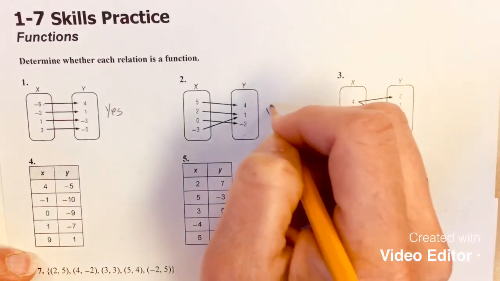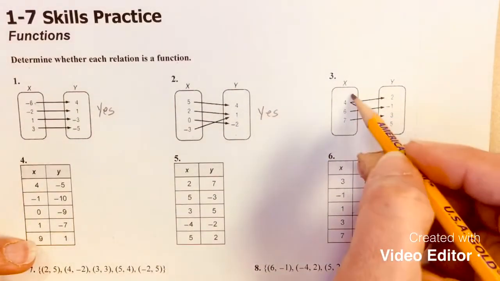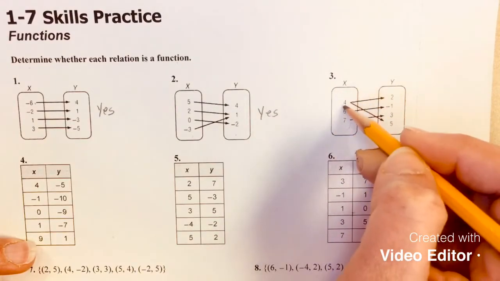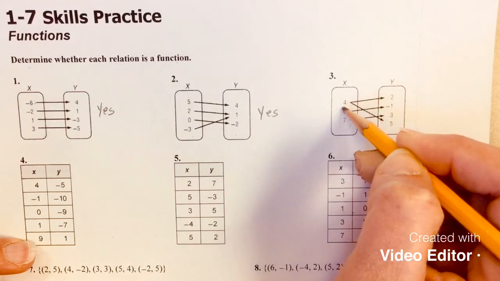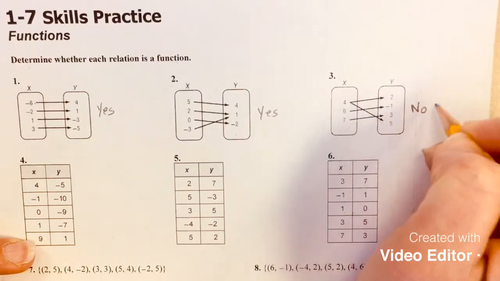No, so it is a function. Now, look at this one. They may not have the numbers repeating, but it has 2 arrows coming from one input. Remember, for every input, there's exactly one output. Well, this has 2, so no, this is not a function.